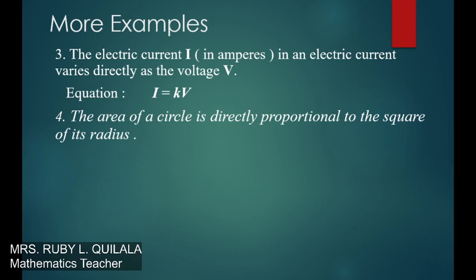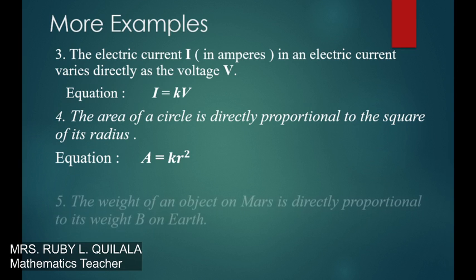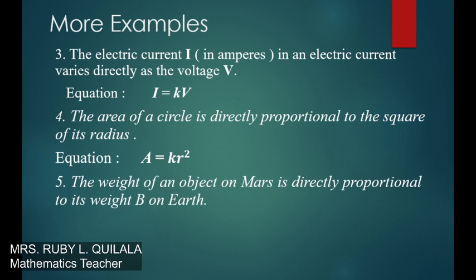The equation for this again is A is equal to KR squared. And lastly, number 5, the weight of an object on Mars is directly proportional to its weight B on Earth, where the equation for this statement is W is equal to KB.